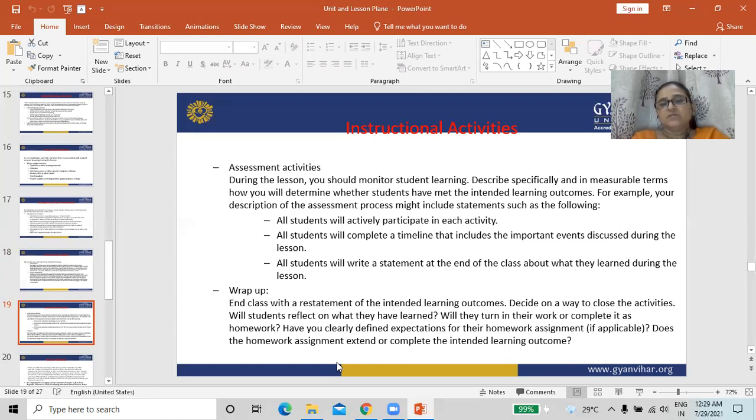Will they turn in their work or complete it as homework? How will you clearly define expectations for their homework assignment? Does the homework assignment extend or complete the intended learning outcome?